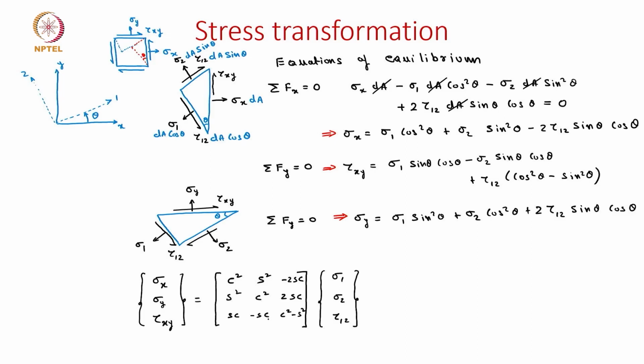Okay. So, this is the 3 by 3 matrix, or the transformation matrix, which takes you from the material coordinates to the body coordinates.